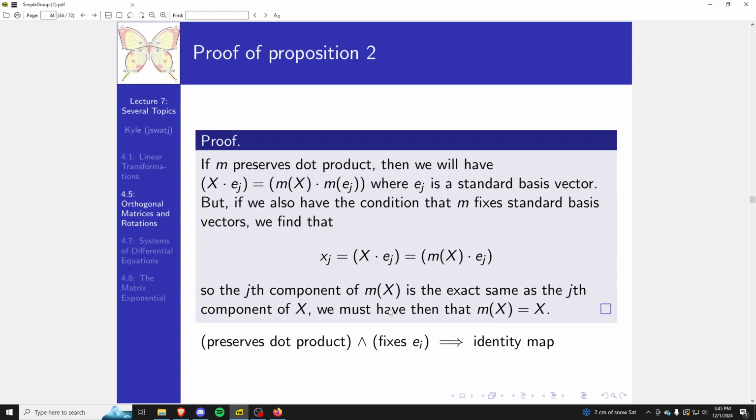And then if M preserves dot product, we will have that x times the standard basis vector e of j is equal to this here, which is just M being applied to both components. If we also have the condition that M fixes standard basis vectors, we would have that the component xj is equal to x times that standard vector e of j, replaced with M of x here. But this is only if M fixes standard basis vectors.